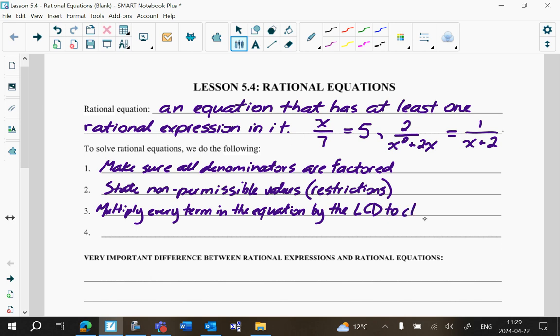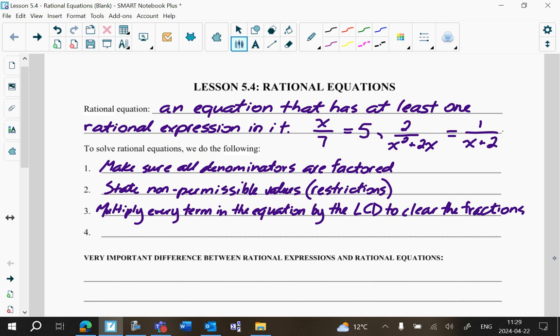We don't like fractions when we solve equations. We want to get rid of them. Once you get rid of them, you've got sort of a regular looking equation, and you guys know how to solve those.